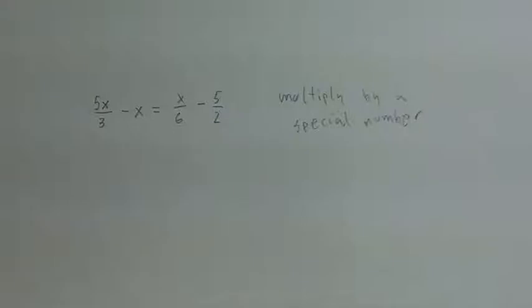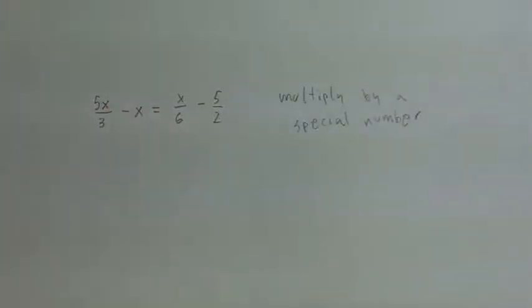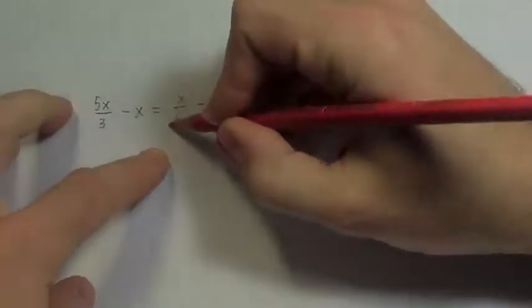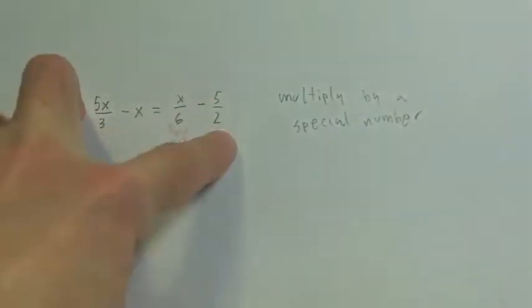Now, here's the thing. If you don't just automatically look at it and see what it's supposed to be, what you can always do is just take all the denominators and multiply them together and use that. Okay, you'll end up with larger numbers than you need, but the reason I'm going to choose 6 is because of this. 6 is 3 times 2, and my other denominators are 3 and 2.